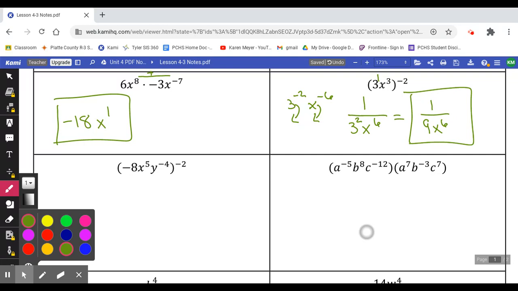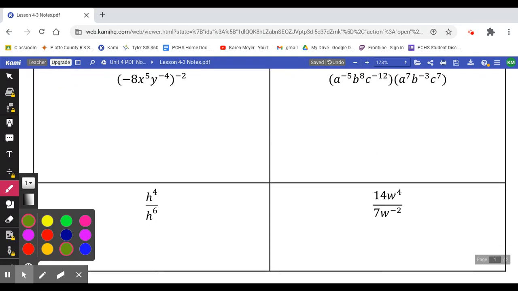Okay, same philosophy on the next one. So I'm going to take negative 8, multiply my exponents, so that would be raised to the negative second. For x, 5 times negative 2 is a negative 10.